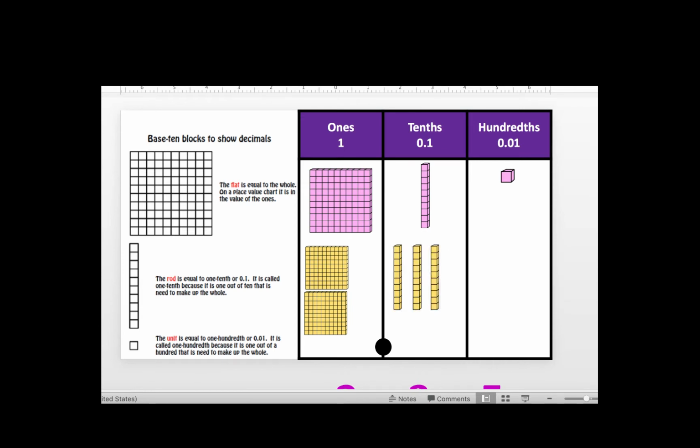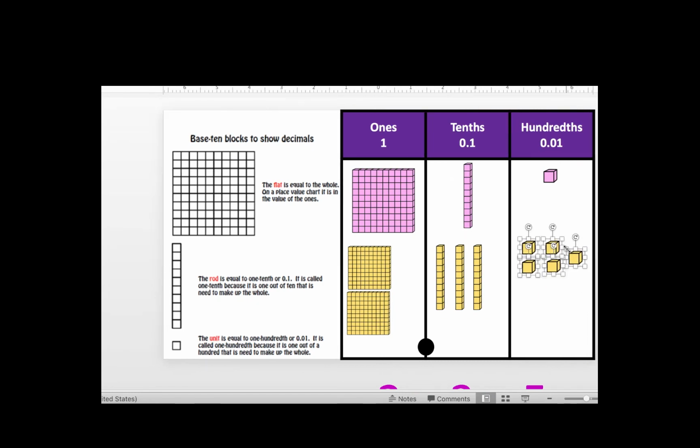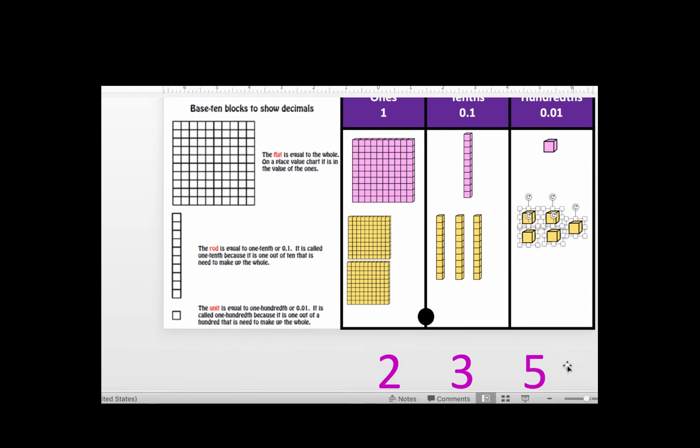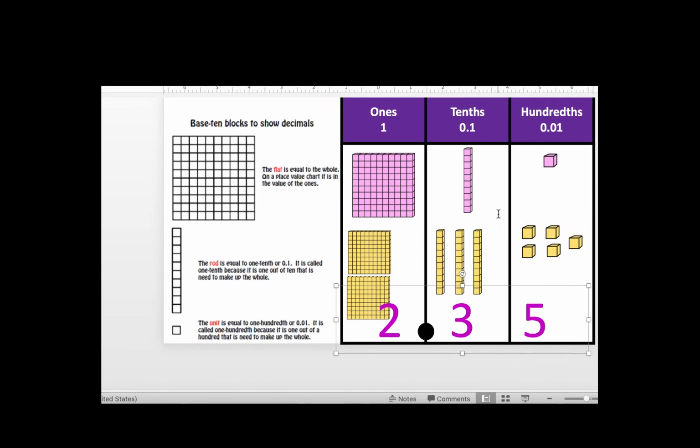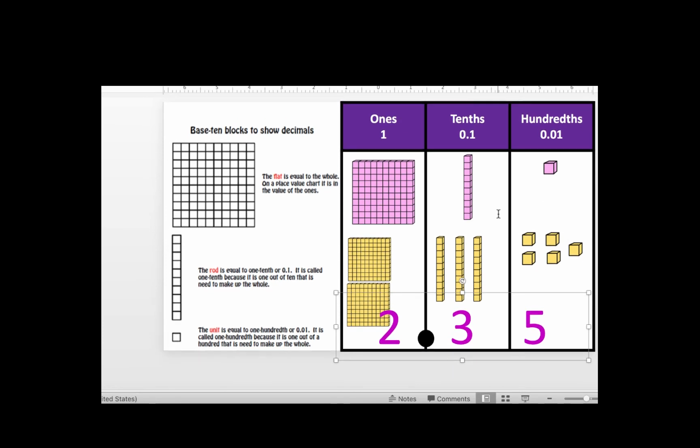And if I had 5 single cubes, then that would be 0.05 or 5/100ths. So this written as a decimal would be 2.35.